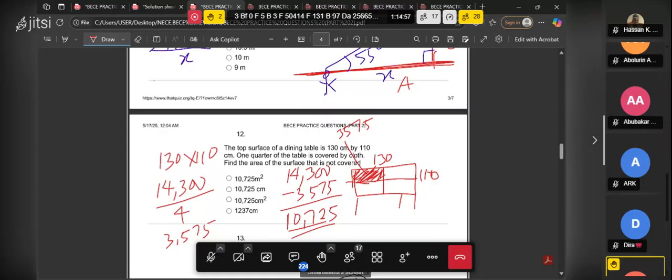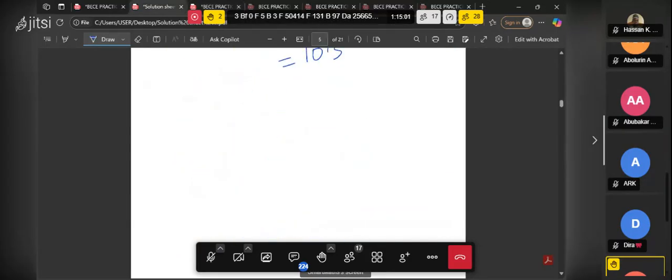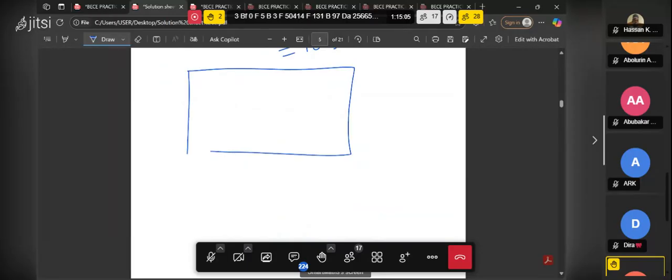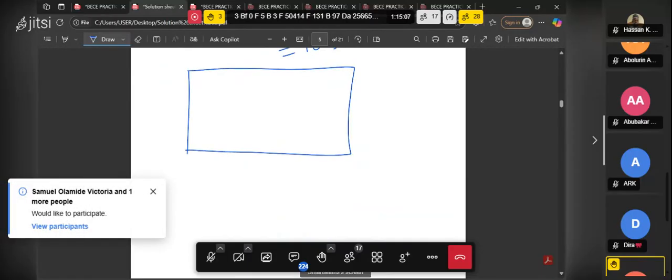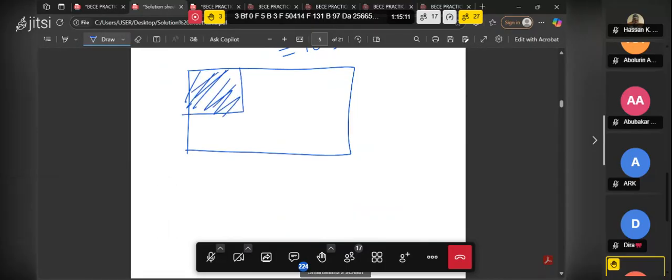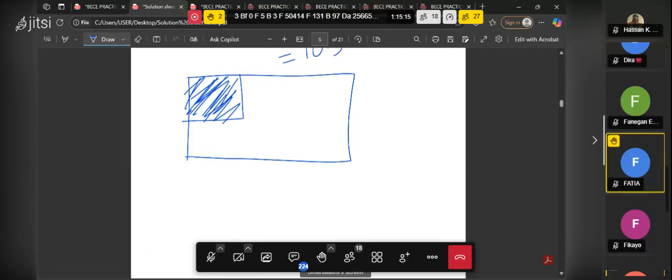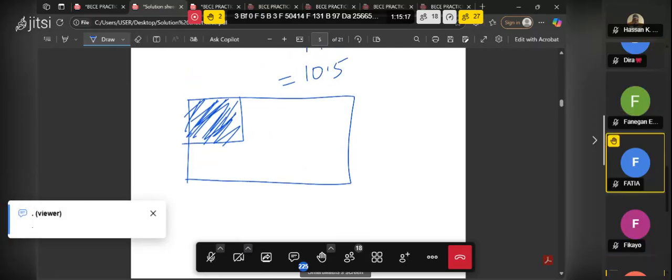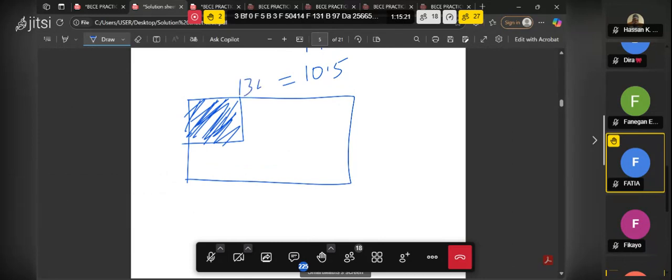The other part that is not shaded is what we are looking for. So when we have a rectangle like this, and this part is cut out, this part that is cut out is 1/4 of everything we have here, which is 130 times 110.